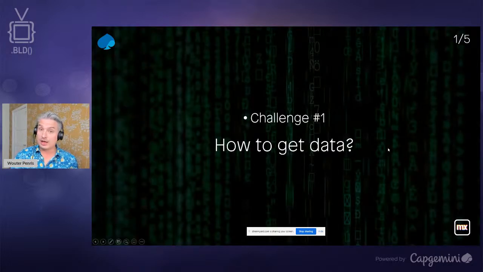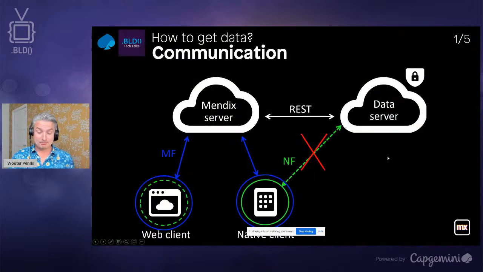The first one was how to get data, and I'll show you a bit of the architecture. Again, it's a fintech, with lots of security requirements, and one of these resulted in the fact that we had to perform our REST calls through the Mendix server.